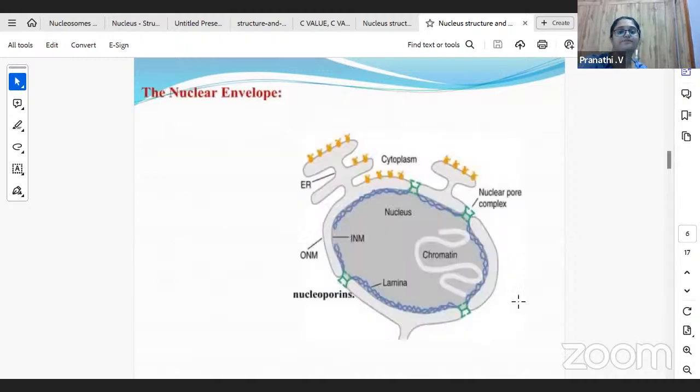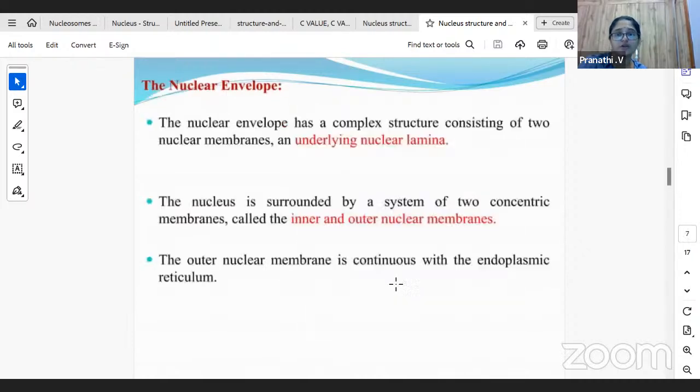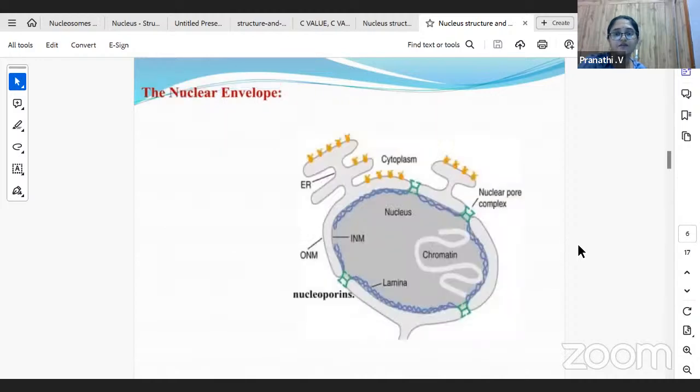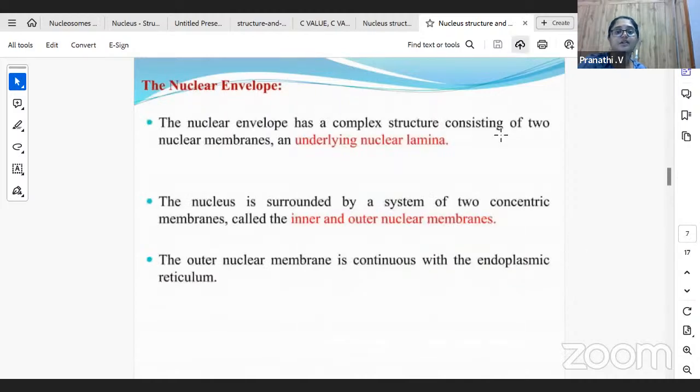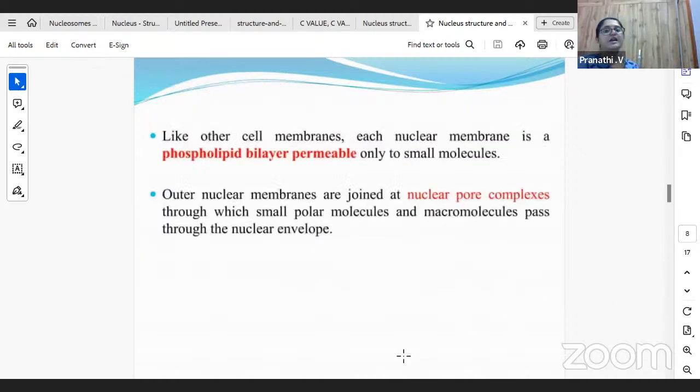Now, when it comes to that, we have the nuclear envelope, like I told you. It consists of the nuclear lamina and the tubules, and the inner and the outer nuclear membrane, which is continuous with the endoplasmic reticulum, and again a phospholipid bilayer.